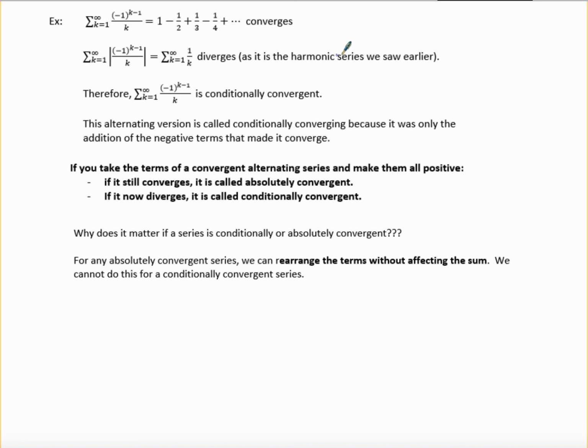That's the harmonic series that we saw when we were investigating the p series. Because the absolute value doesn't converge, because we're taking away all of the changing of the signs here, but the alternating series converges, we call this conditionally convergent.